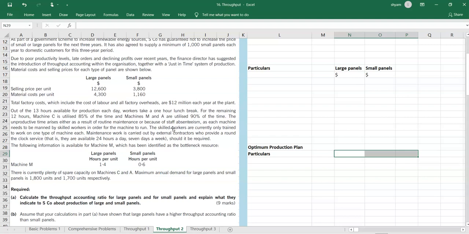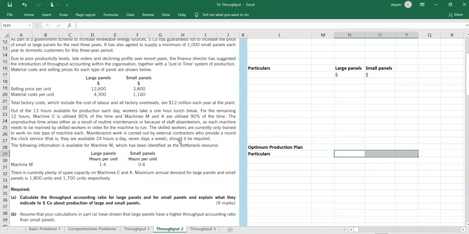The skilled workers are currently only trained to work on one type of machine each. Maintenance work is carried out by external contractors who provide a round the clock service. That is, they are available 24 hours a day, 7 days a week.